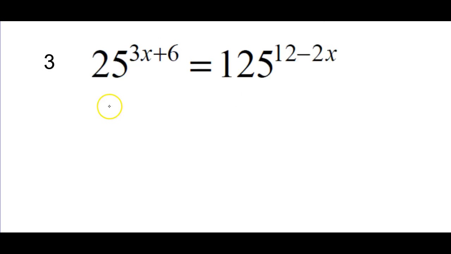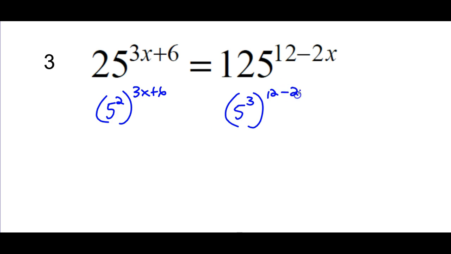For number 3, this is going to be 5 squared raised to the 3x plus 6. And this is 5 cubed raised to the 12 minus 2x. Distribute that 3, and you get 36 minus 6x. Distribute the 2. Now that the bases are the same, set the exponents equal.